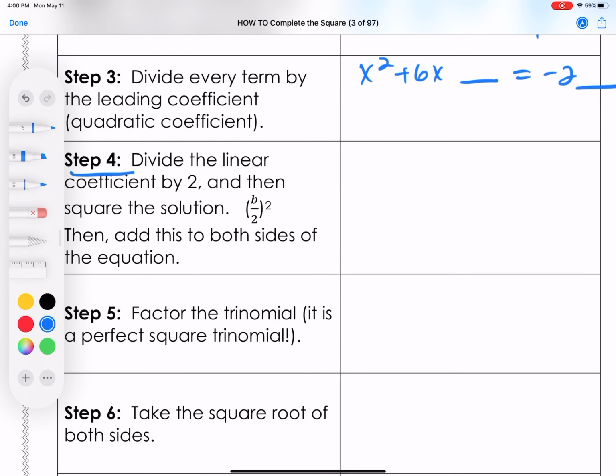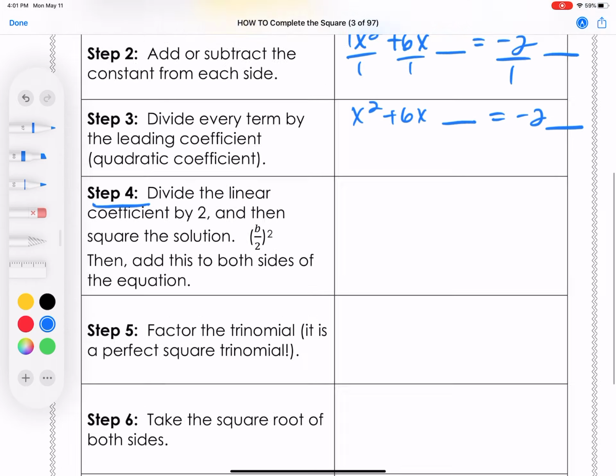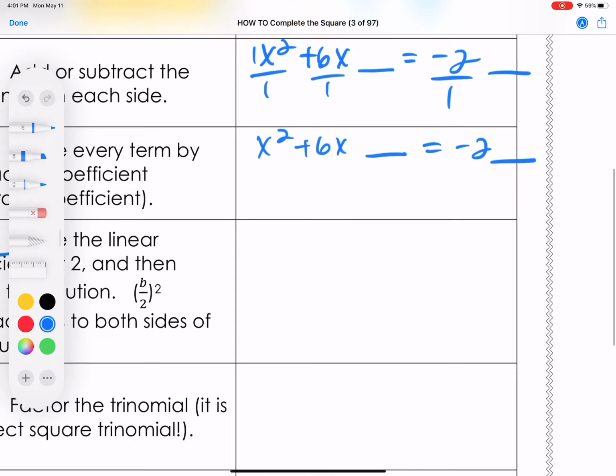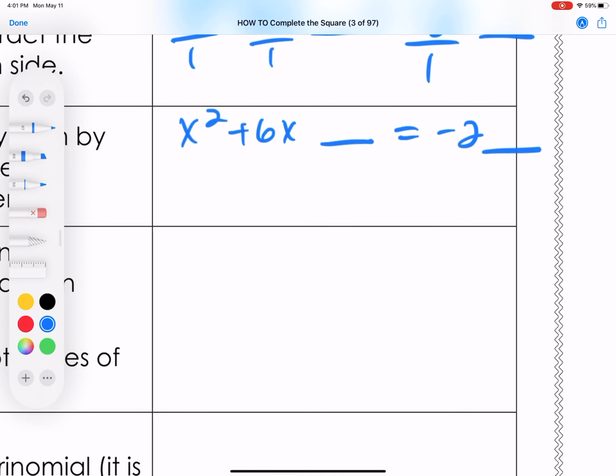All right, so from here, what you're going to do is step 4. So step 4 says to divide the linear coefficient by 2 and then square the solution, okay? You're going to add that to both sides of the equation. So your linear coefficient is the one in the middle. Okay, this is your linear coefficient. And actually, when I underline, I'm just going to underline the 6, not the x.